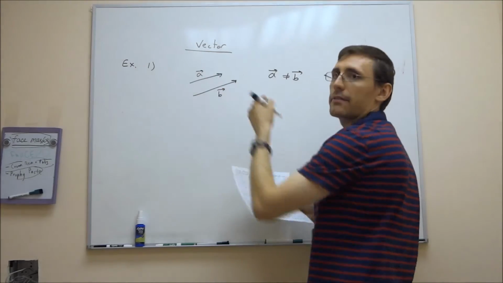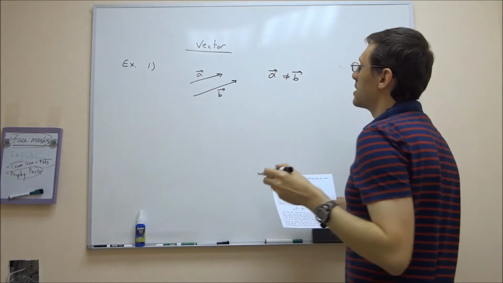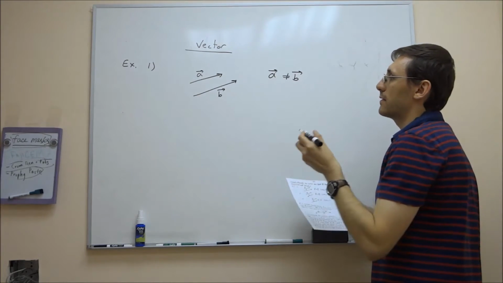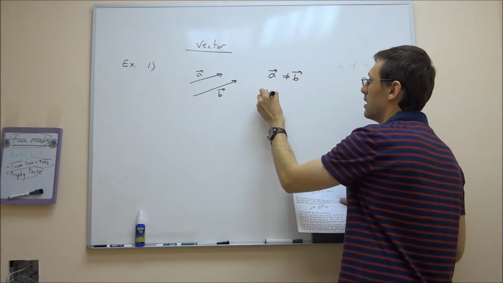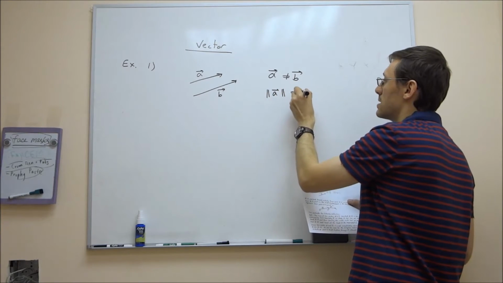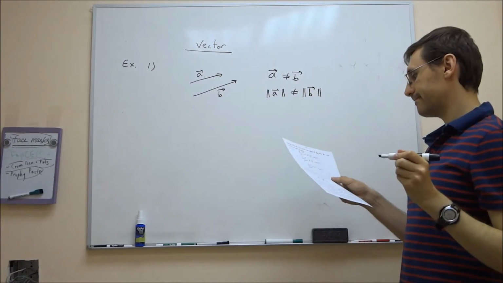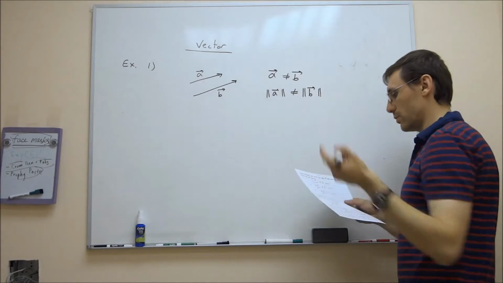It looks like they have the same direction, they look parallel, but one vector is bigger than the other, so they don't have the same size. You can say the size of A is not the same as the size of B. This is also called the norm.